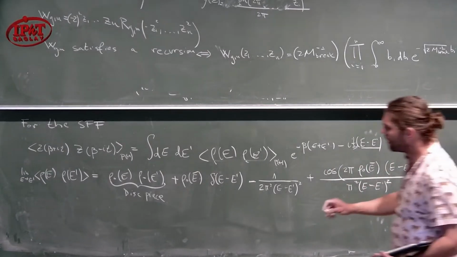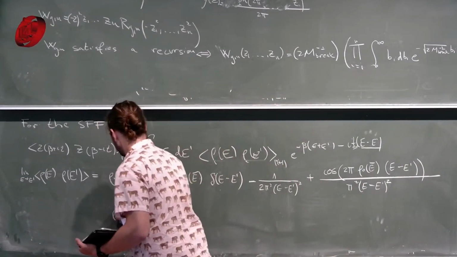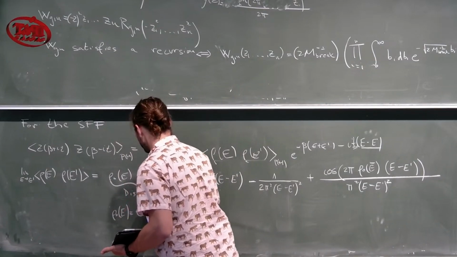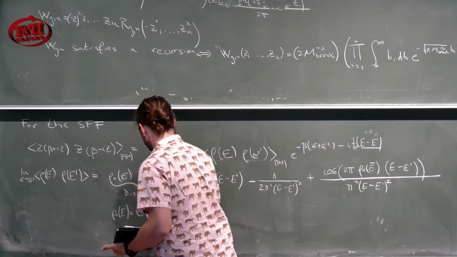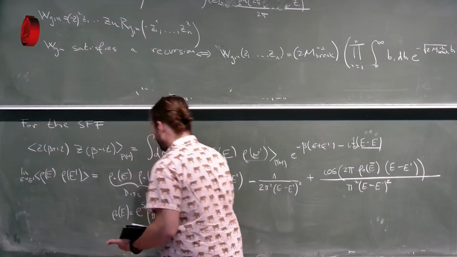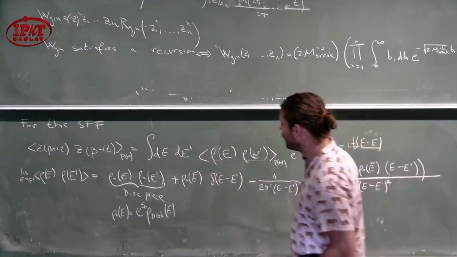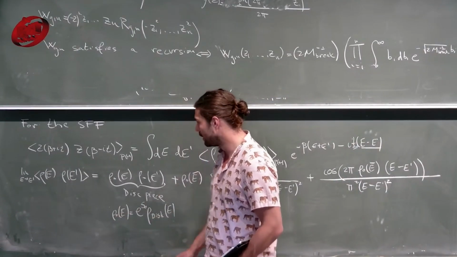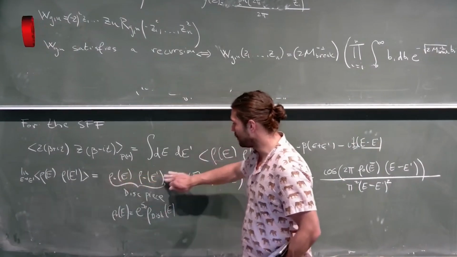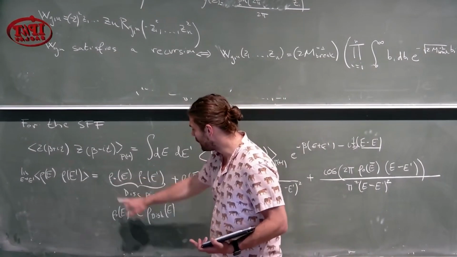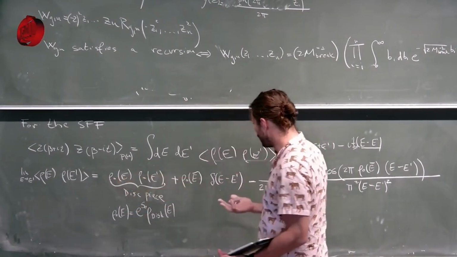So here rho 0 of E is e to the S naught times rho disk. And if I define the rho disk to be independent of S naught, then rho 0 scales like e to the S naught. So essentially, this is the leading piece. If I view this as an e to the S naught expansion, this is the leading piece, right? Because it goes like e to the 2 S naught.